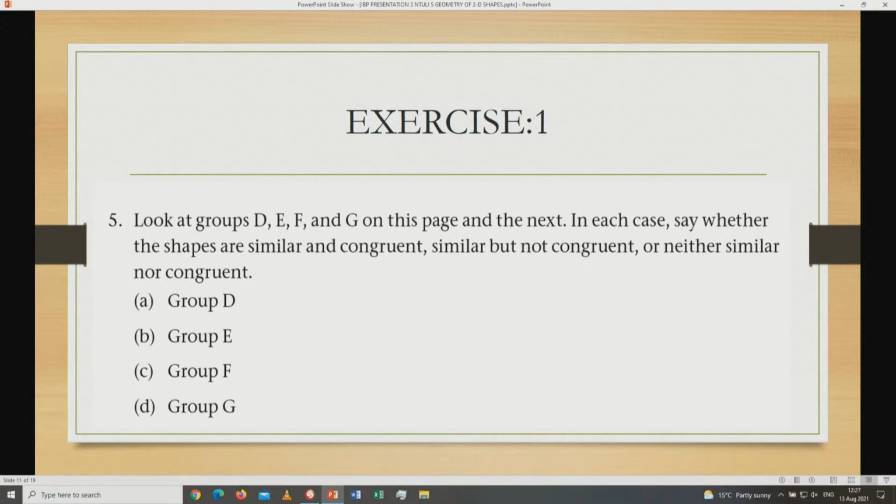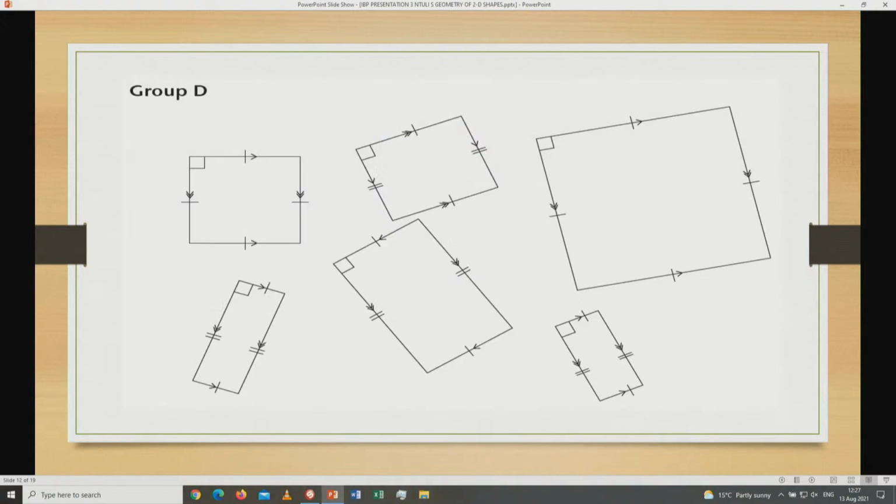Right. Let us look at the first group, group D. Here is the group D. Let us observe the shapes in group D together, guys.